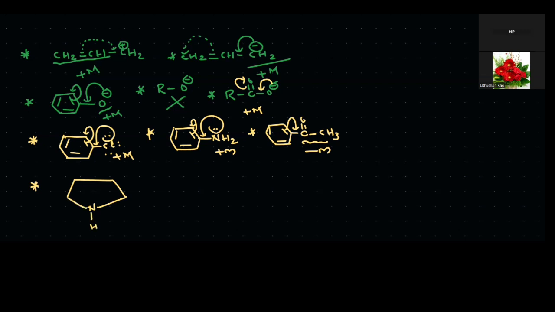Here double bond. Here lone pair of electrons is alternately present. This donates electrons, this one moves towards that side. So here also this nitrogen group acts as a plus M group.